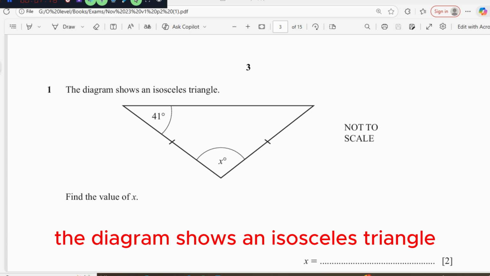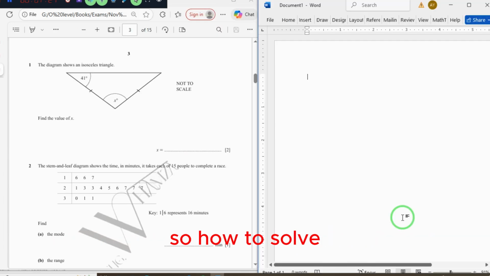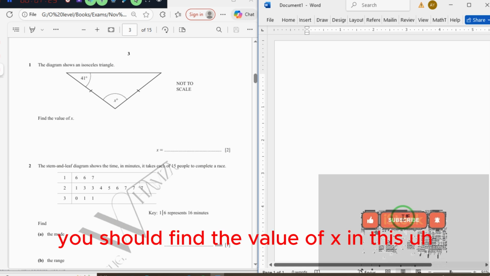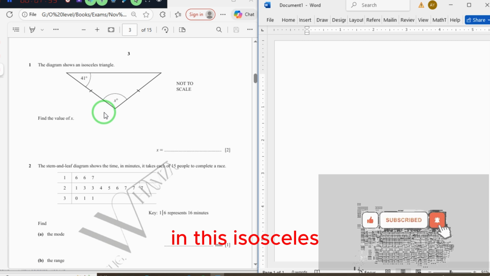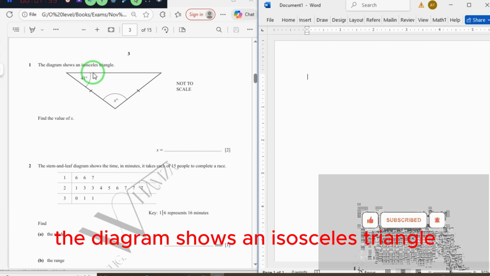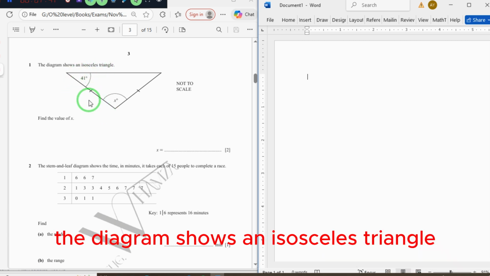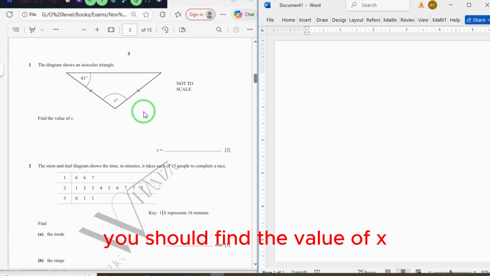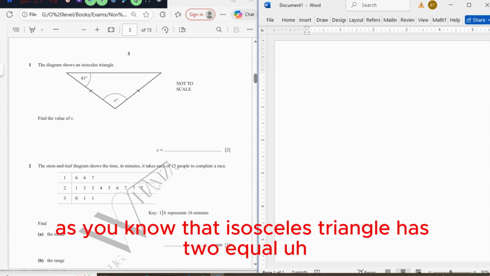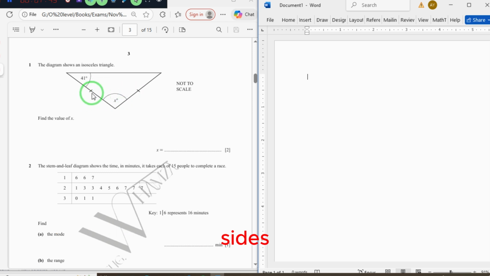The diagram shows an isosceles triangle, and you should find the value of x. How can we find it? As you know, an isosceles triangle has two equal sides.